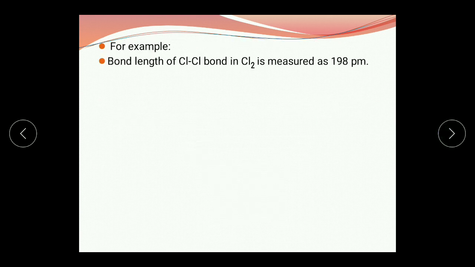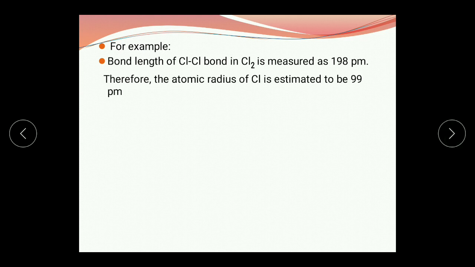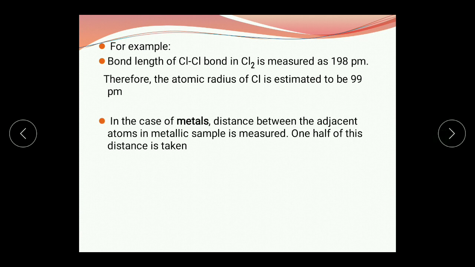Now, it is given here that the bond length of the chlorine-chlorine bond is 198 picometer. Hence, the atomic radius will be 99 picometer. Now, what about metals? In the case of metals, the distance between the adjacent atoms in a metallic sample is measured, and one half of this distance is taken. Metallic bond is different. There is no covalent bond or ionic bond there.